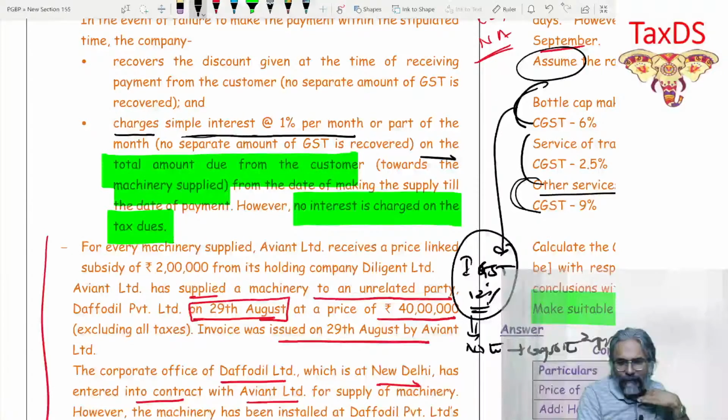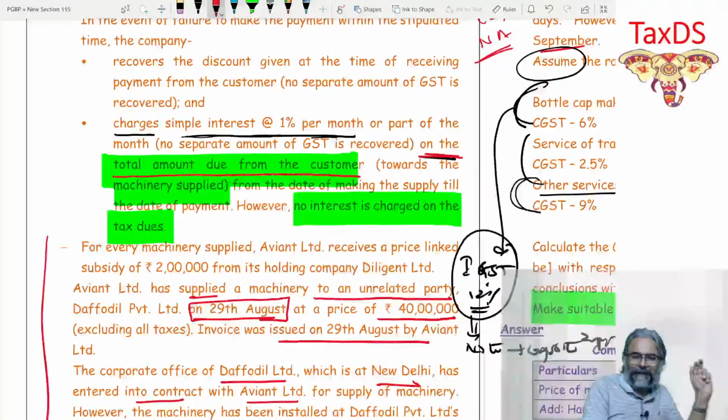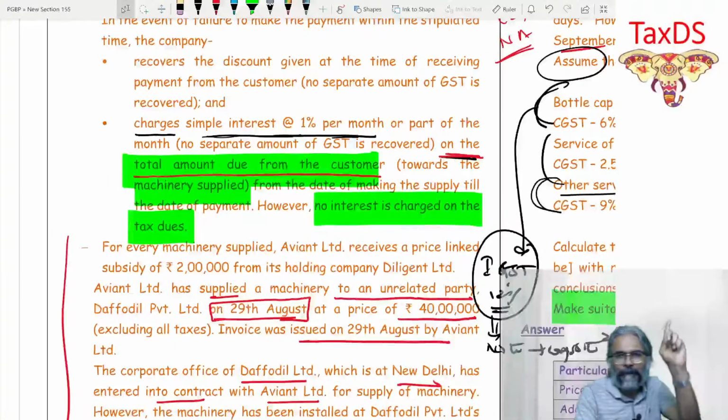Charges simple interest of 1% per month or part of the month on what? Can you see that? On the total amount due from the customer towards machinery supply. How much is the total amount due from the customer? Now, first of all, 1% per month.